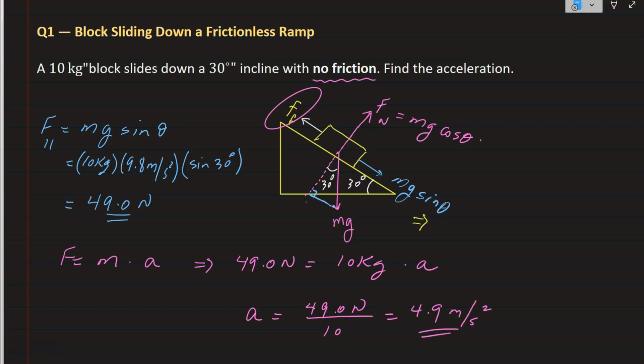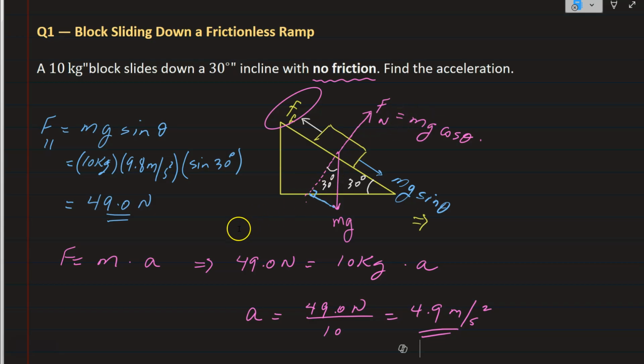And that's as simple as that. We don't have to calculate the perpendicular force, which is the normal force, in here, because there is no friction force to calculate. But if there was, then we do have to go ahead and calculate the perpendicular force, which is the normal force, and then multiply it by the coefficient of friction.